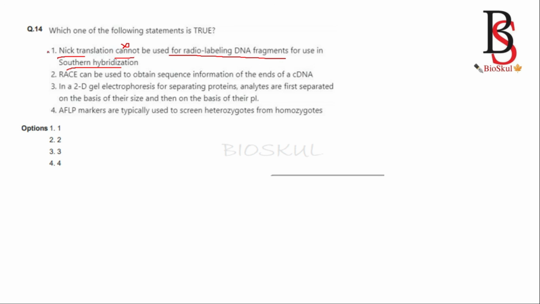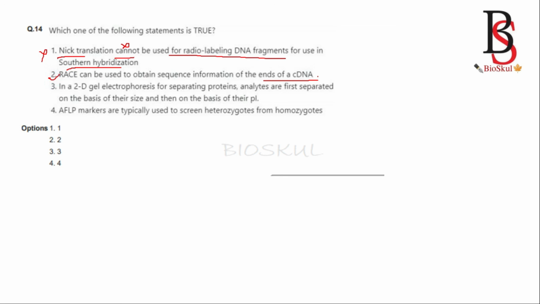So this one is wrong. RACE is the rapid amplification of cDNA ends. It is used to obtain sequence information of the ends of cDNA. It's right, because its name also indicates that it is a rapid amplification of cDNA ends, used to obtain the sequence information of the cDNA ends.